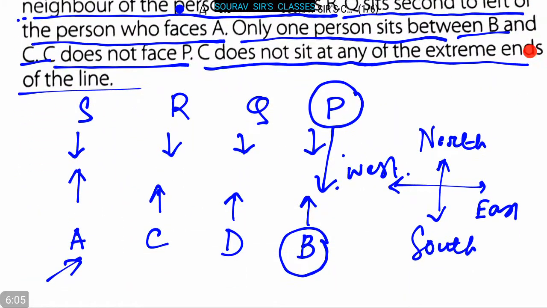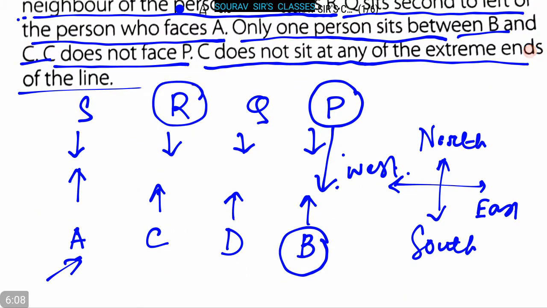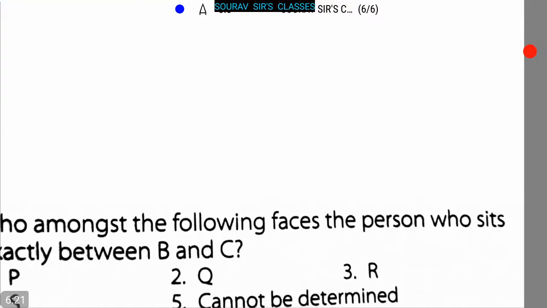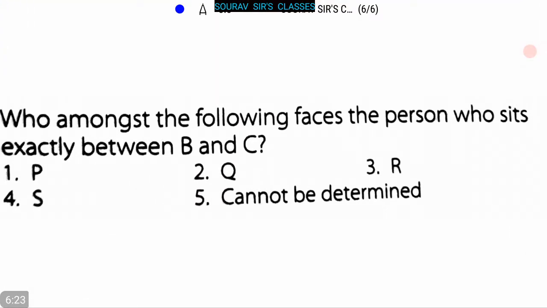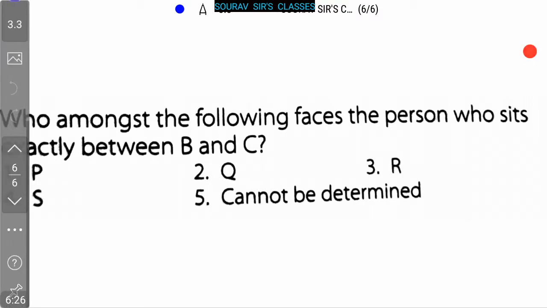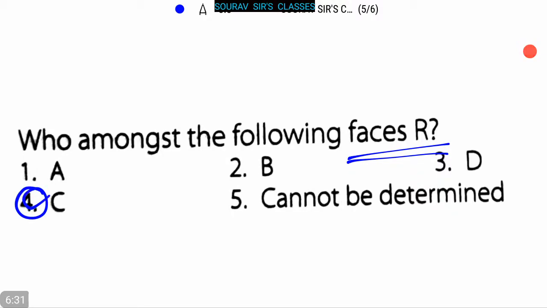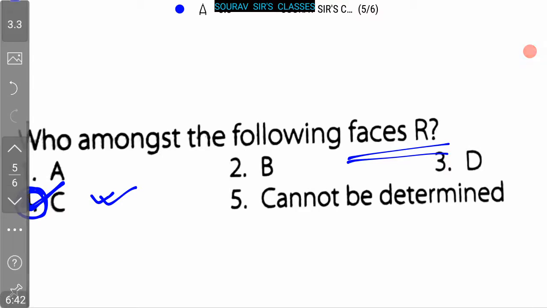Okay, so here is R and here is C who faces R. So in this question we can say that option 4, that is C, is the correct answer. So C faces R. Okay, now let's go to our next question.